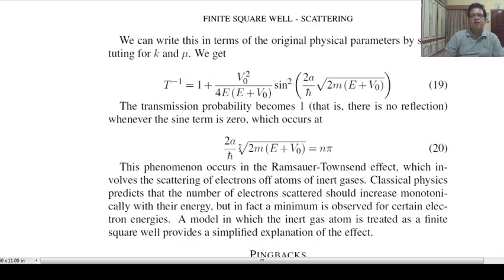This is the condition when there is reflection from the x equal to minus a and x equal to plus a boundaries. The waves reflect many times from both boundaries, and these reflected waves interfere destructively. So the reflection coefficient becomes 0 and T becomes 1.